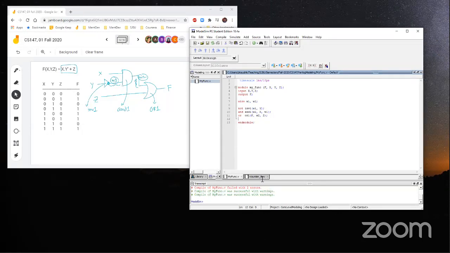Now we want to make a test bench around it to test the circuit we just made. What that means is that we pick up this circuit. Let me remove this whole thing so that I can draw a little bit cleaner.